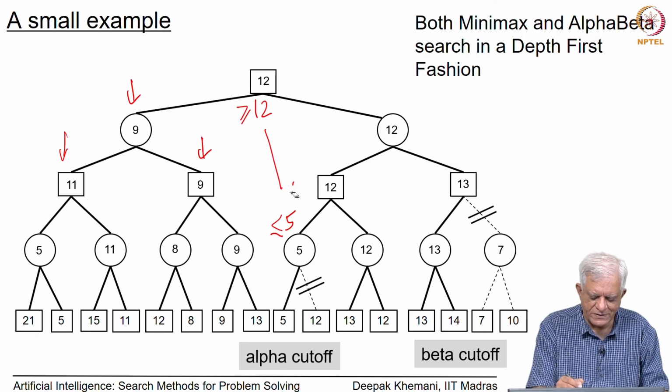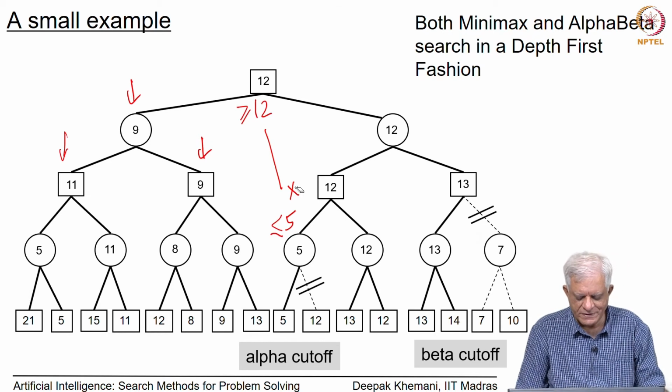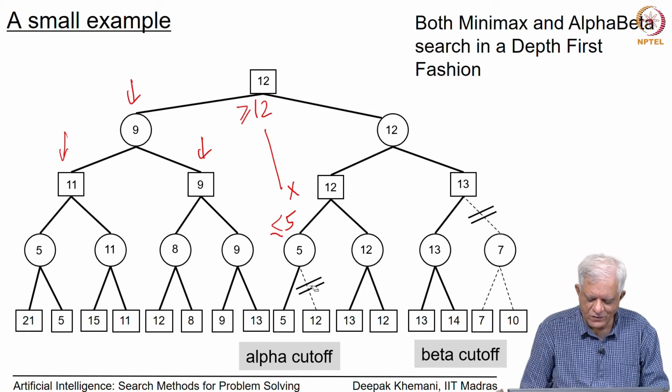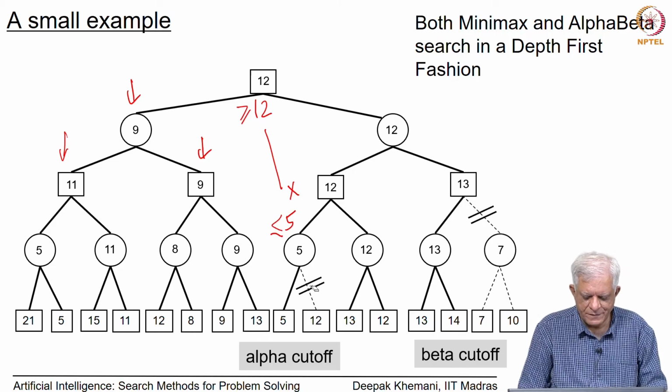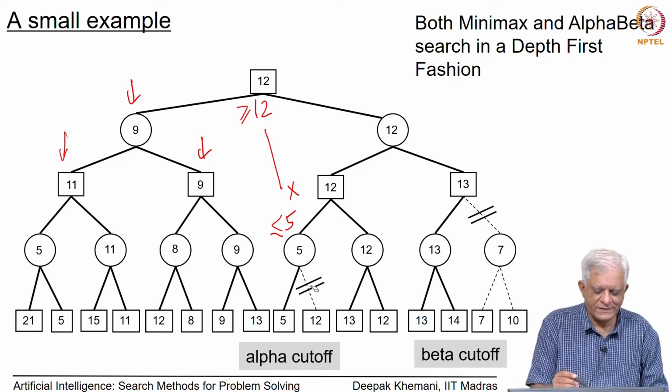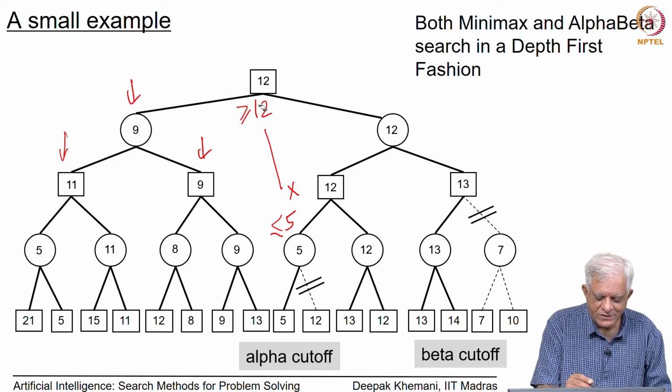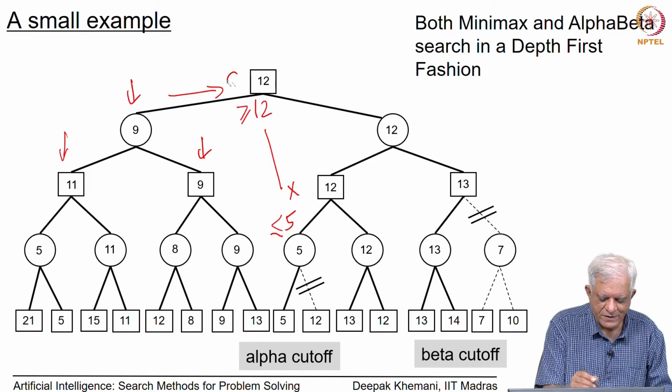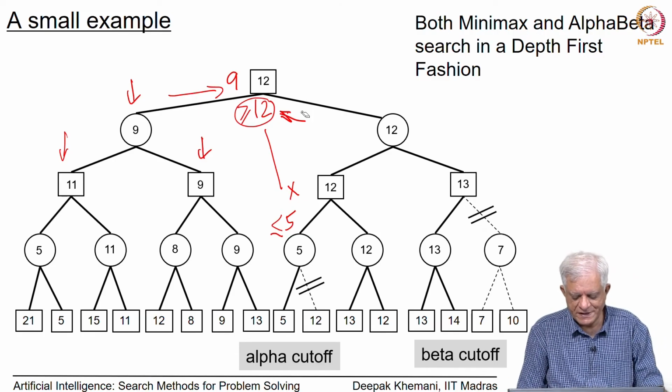So, it simply says stop exploring below any further, and this cutoff occurs below the beta node. Thank you, it should not be 12, it should be 9, because 9 is the value that is coming from here. The 12 value is actually only coming from this side, but that has not yet been done.